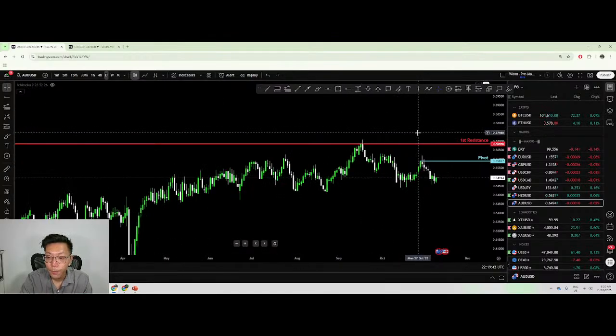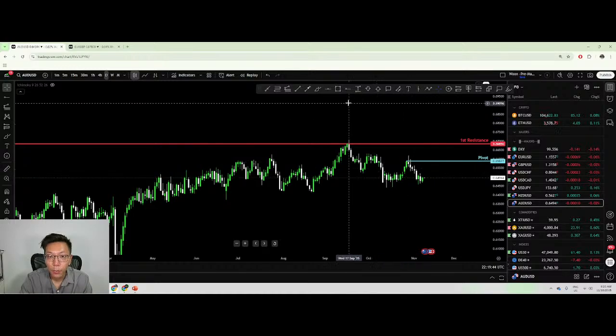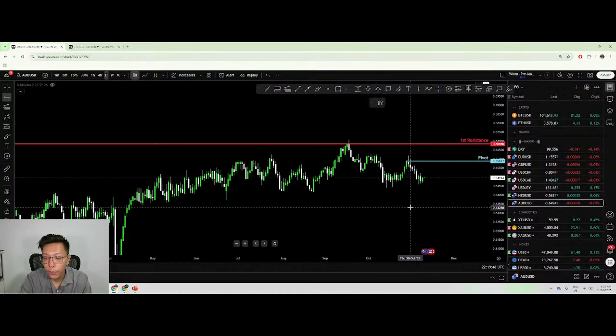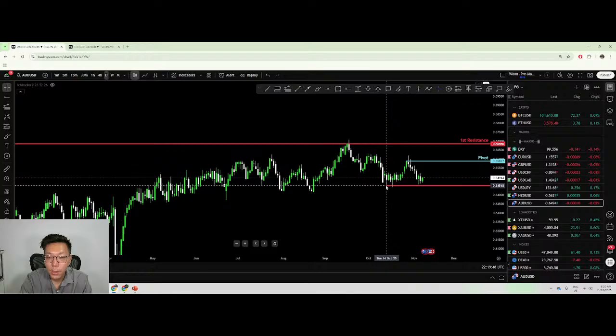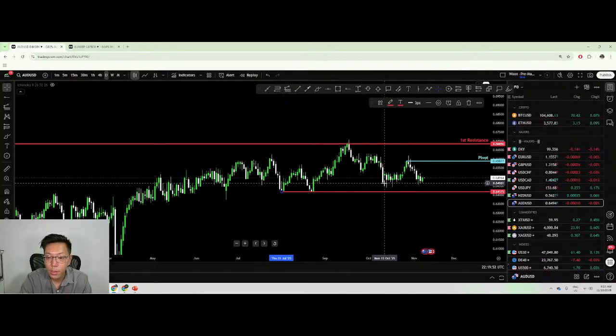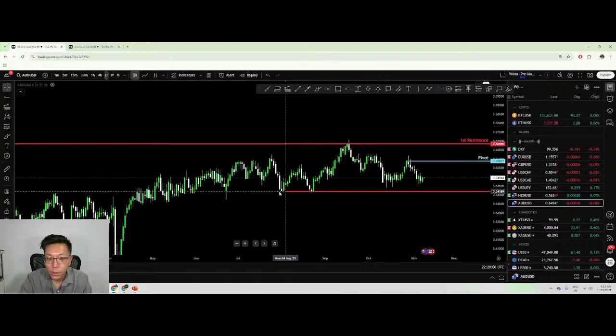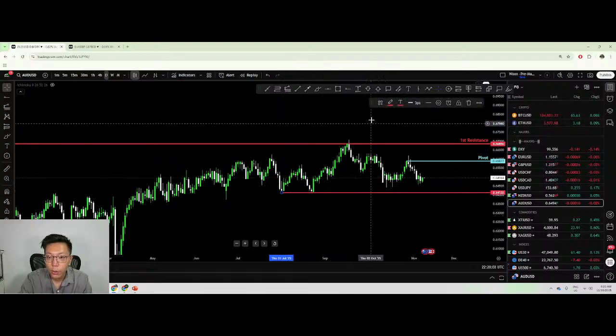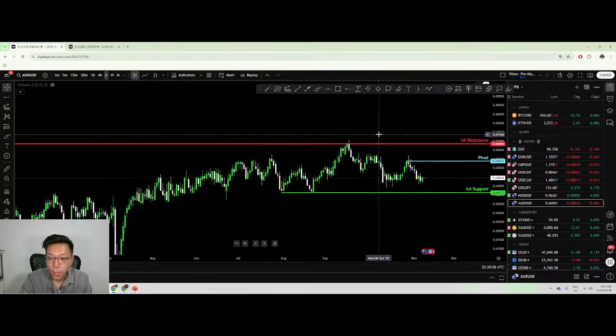For our first support, I'll place it right here, a little bit safer, because price is a bit too close to where we want to put it. Okay, so this is our first support.